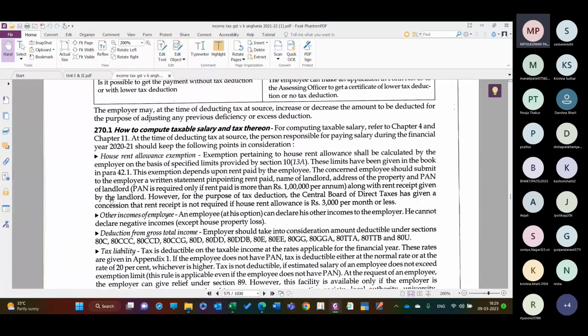And if it is taxable, the tax is required to be deducted. So here you can imagine, as per section 192, the employer has to deduct the TDS from the payment of salary of all its employees.